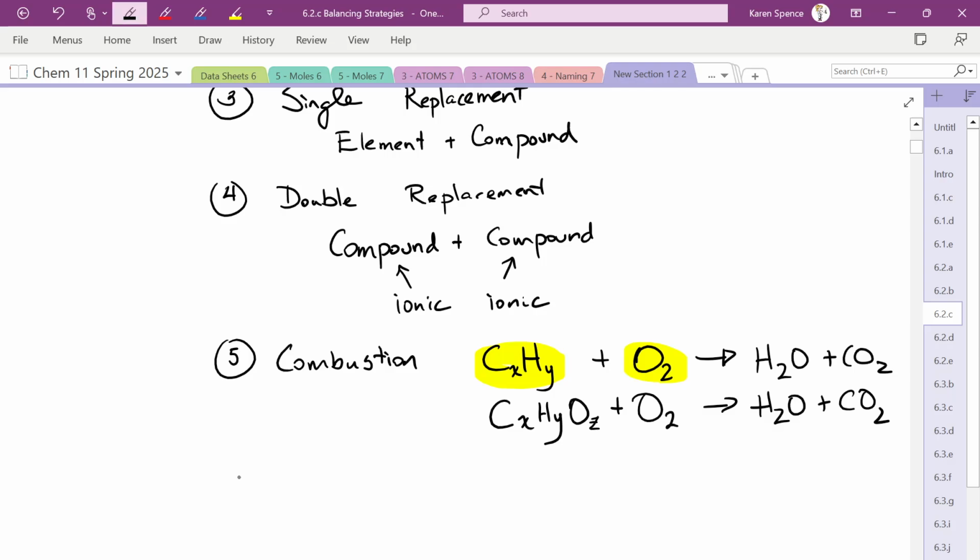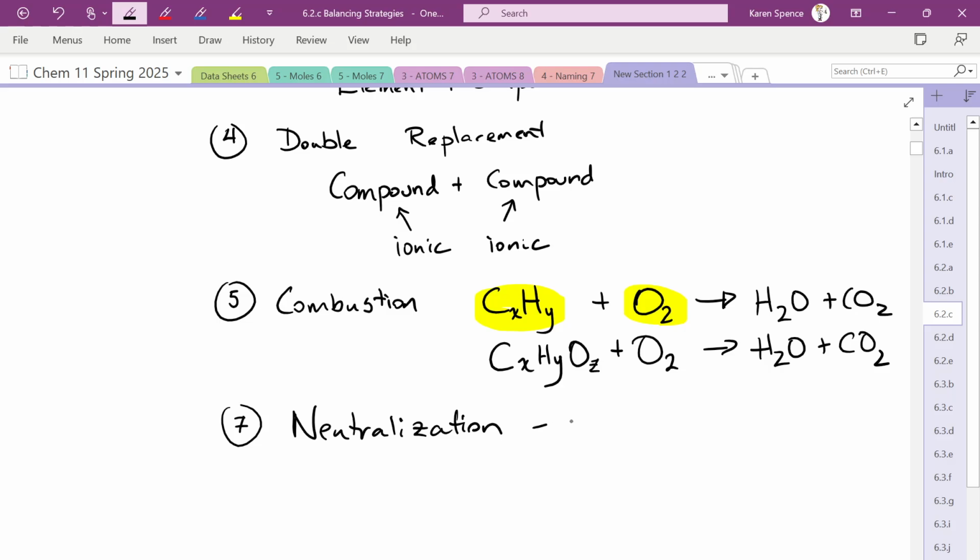And then finally, our last type, neutralization. And this is also going to be a compound plus a compound because it really is a special type of double replacement. What types of compounds react in neutralization?